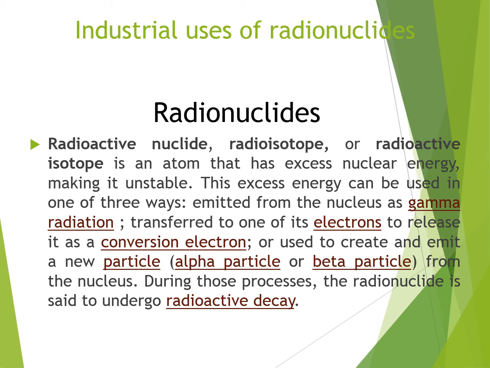Radioactive decay is the process by which an unstable atomic nucleus loses energy by radiation, and as a result, different rays may be generated, like alpha, beta or gamma rays. There are different names given to these decays, like alpha decay, beta decay or gamma decay, and these all involve the emission of one or more particles or photons.